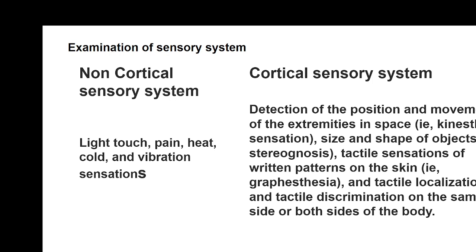Then tactile sensation or graphesthesia is tested by keeping the patient's eyes closed, and you draw a pattern over the surface, maybe write a letter or a number over the surface of the body with your finger, and ask whether the patient can feel that or not.